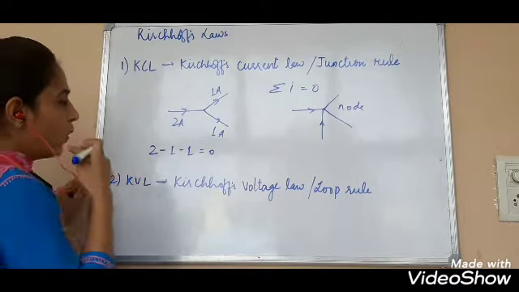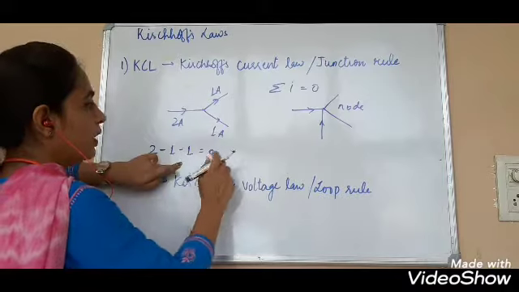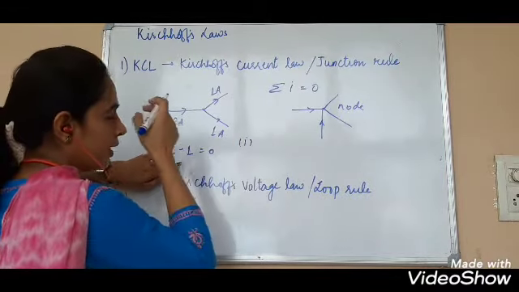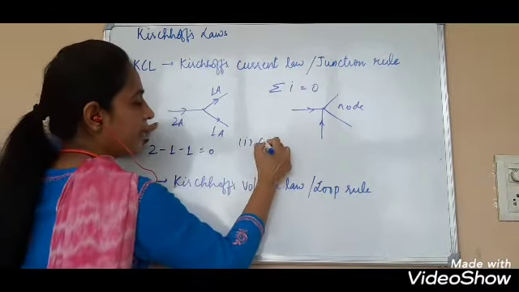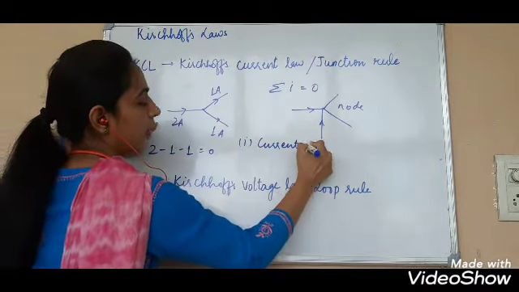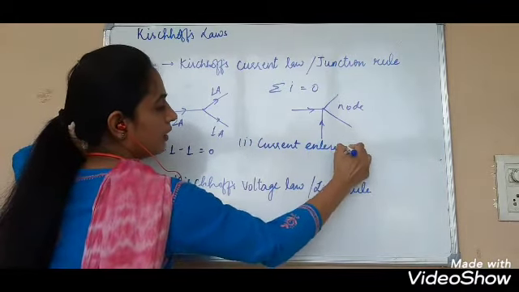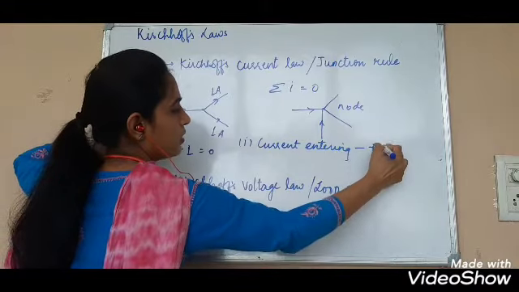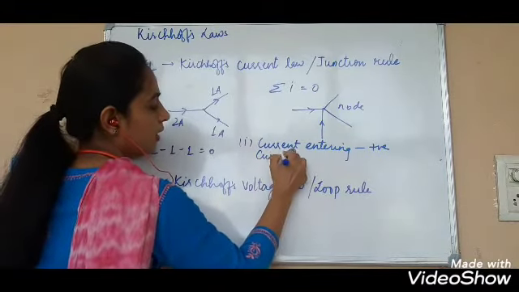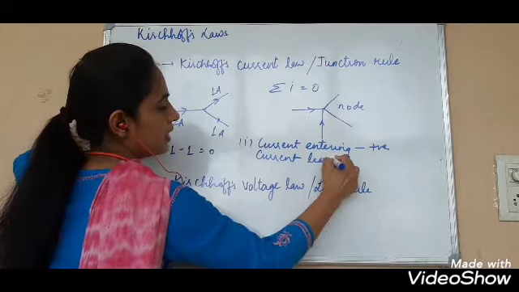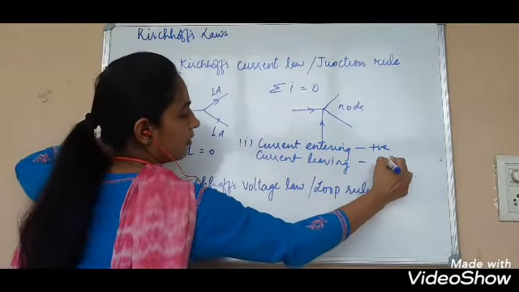The rule is that current entering the junction is taken as positive and current leaving the junction is taken as negative.